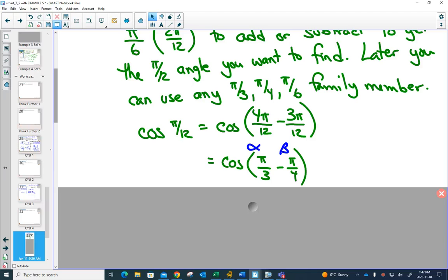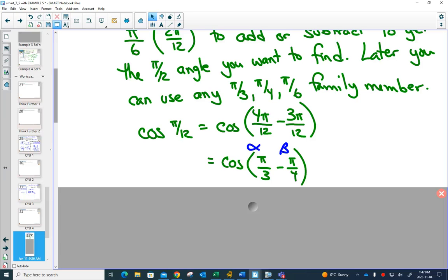So is everybody okay with what we did here? We figured out two things that subtracted to get pi over 12. 4 pi over 12 minus 3 pi over 12. The 4 pi over 12 reduces to pi over 3. The 3 pi over 12 reduces to pi over 4. So pi over 3 minus pi over 4. And this is our alpha minus beta formula.